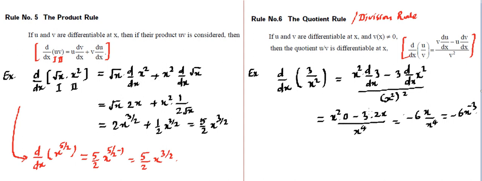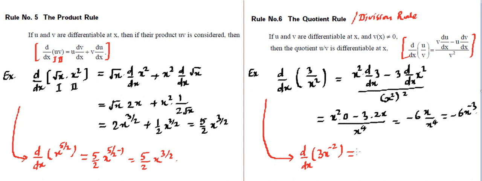So that is answered by using the formula of the quotient rule or division rule. Now the same thing could simply be solved by using the basic formula, because this is a simple example. So this could also be treated like this: d upon dx of 3x raised to power minus 2. And here we can check whether the answer coming from the division rule is the same as this.